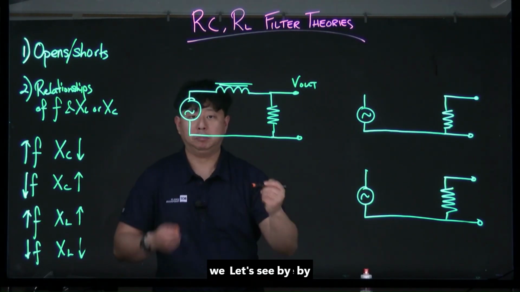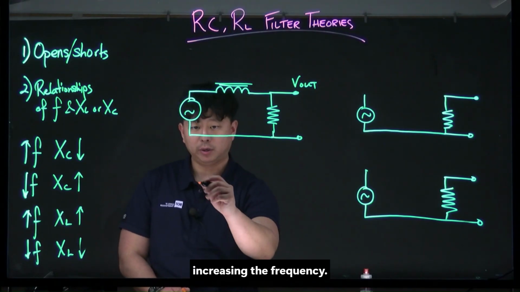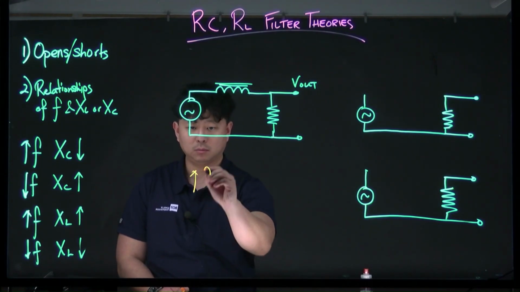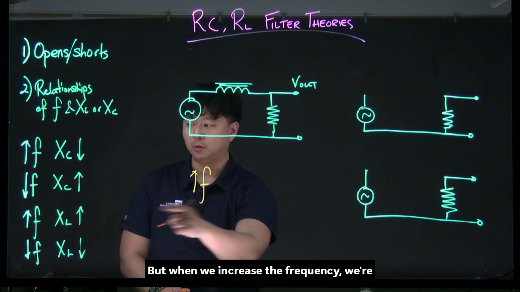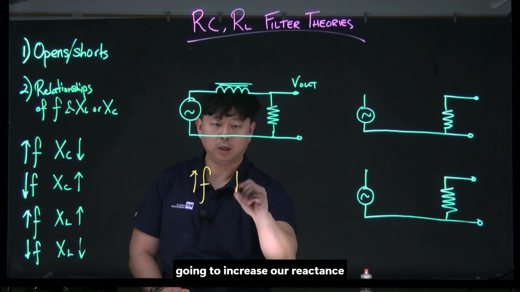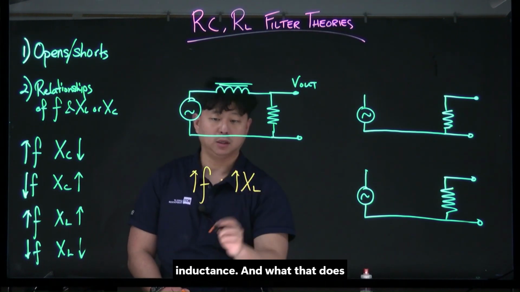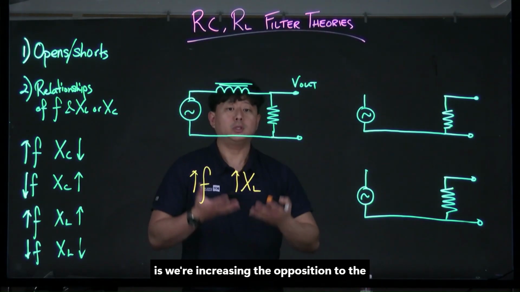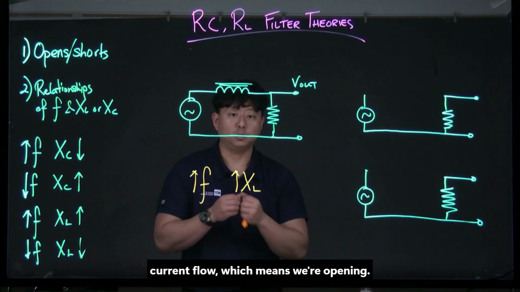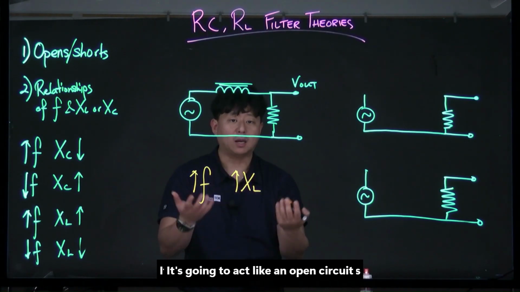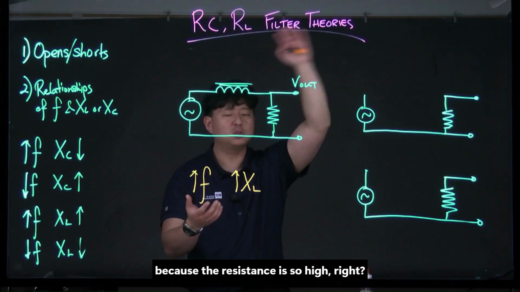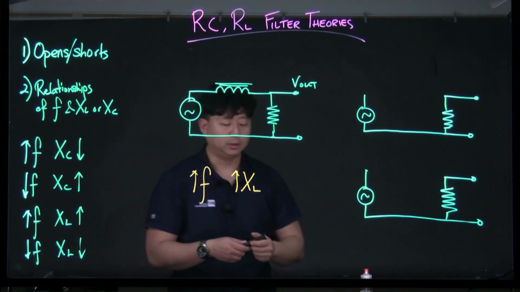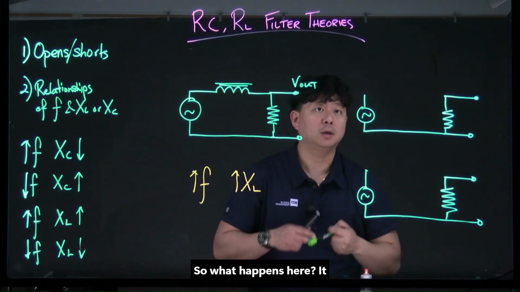Let's see by increasing the frequency. But when we increase the frequency, we're going to increase our inductive reactance. And what that does is we're increasing the opposition to current flow, which means we're opening. It's going to act like an open circuit as the resistance is so high, right? So what happens here?